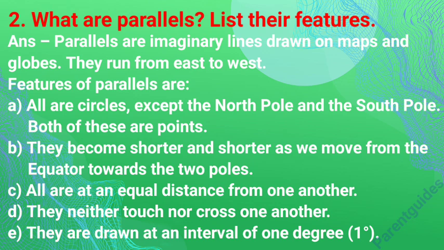Features of parallels are: A. All are circles except the North Pole and the South Pole. Both of these are points. B. They become shorter and shorter as we move from the equator towards the two poles. C. All are at an equal distance from one another. D. They neither touch nor cross one another. E. They are drawn at an interval of 1 degree.